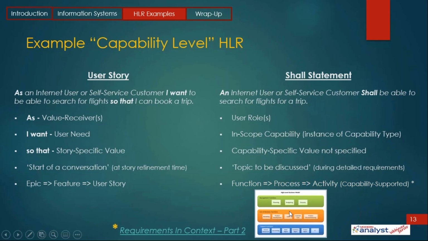And when I talk about that, I have a generic business model that works for any organization. You're not supposed to be able to read this. If you look at some of the articles I've written, one of them in particular talks about this model of functions. These are all functions here that break down into processes.